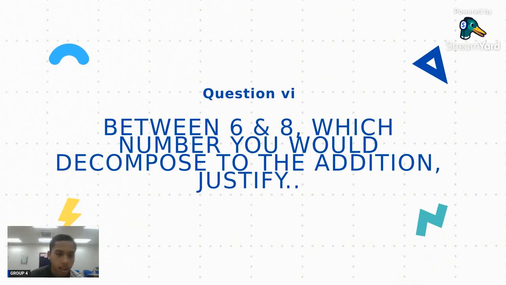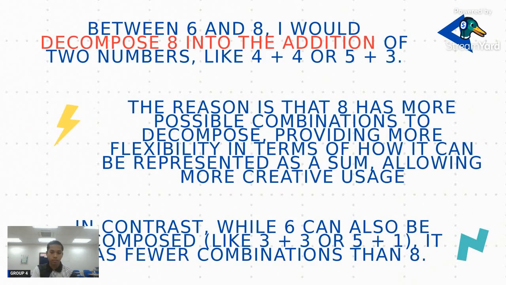Okay, for the last question: between 6 and 8, which number would you decompose to addition, and justify. So in this question, we need to choose between 6 or 8 that we want to decompose and justify the answer.